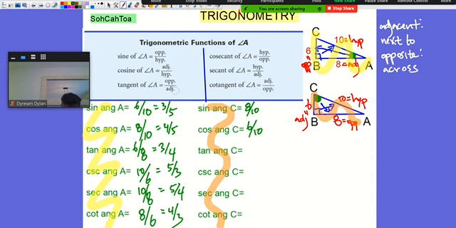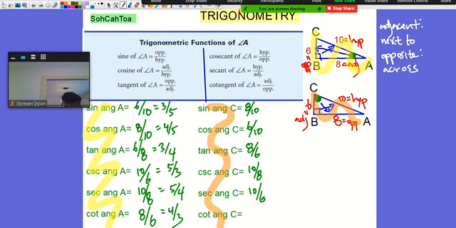Tangent is opposite over adjacent, which is 8 over 6. Cosecant is hypotenuse over opposite, which is 10 over 8. Secant is hypotenuse over adjacent, which is 10 over 6.